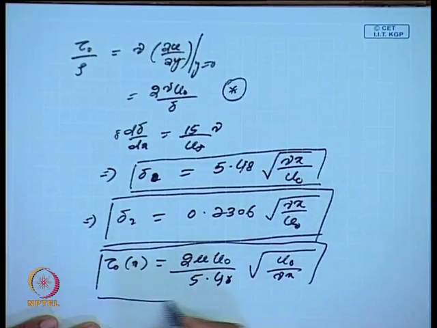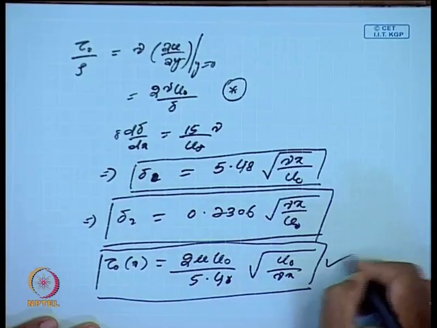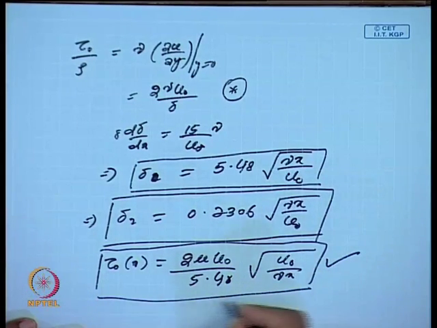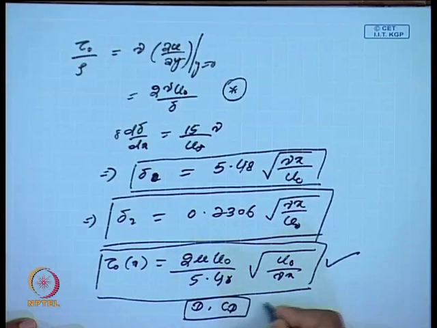In case of a quadratic approximation, this is my wall shear stress, and thus the other quantities like the drag coefficient CD can be obtained from this, because we know tau naught x. These can be easily obtained.